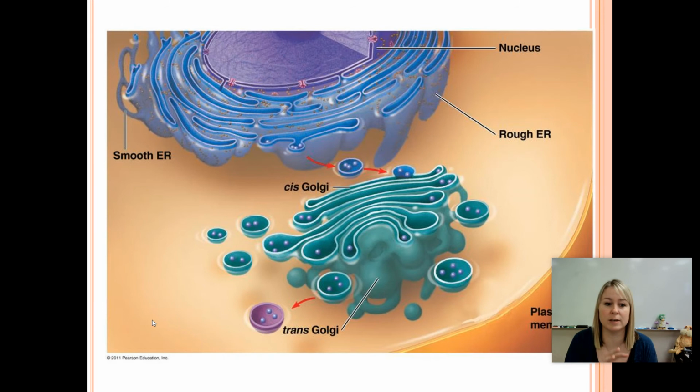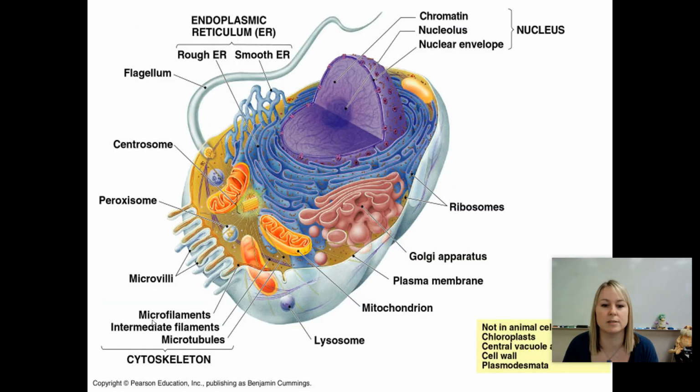That's coming off of the smooth ER. They're making those, and it's now got products in it ready for use. Some of them will then fuse with the outer membrane and its contents will be released into the extracellular space.